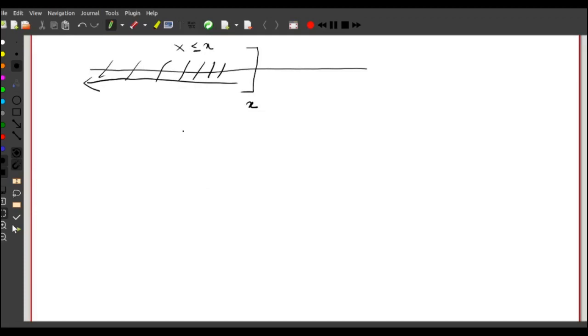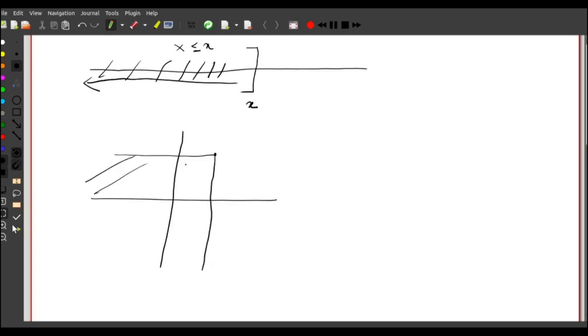Now, in the case of two random variables, as we have already pointed out, the joint cumulative distribution function is the probability that the random vector is in this shaded region.